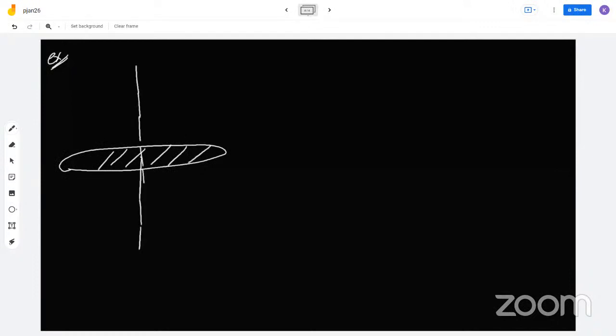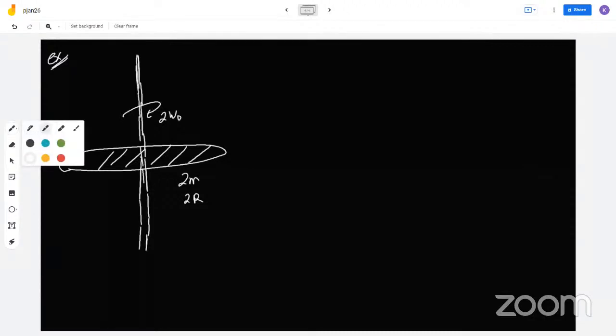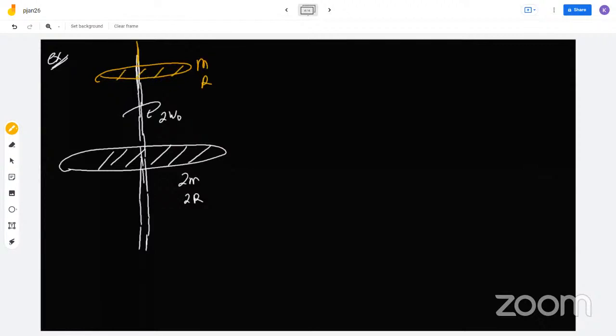Let's say we have a bigger disk, and this is the axis. Its mass is 2m, radius is 2r, and its angular velocity is 2 omega naught, rotating about this rod axis. Then we have another disk of mass m, radius r, and say its angular velocity omega naught is in the opposite sense.